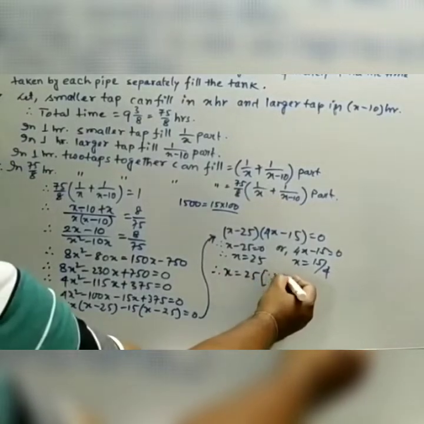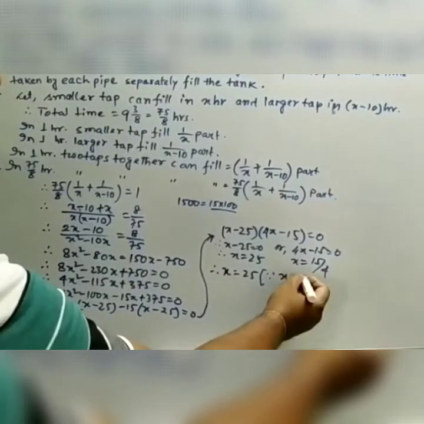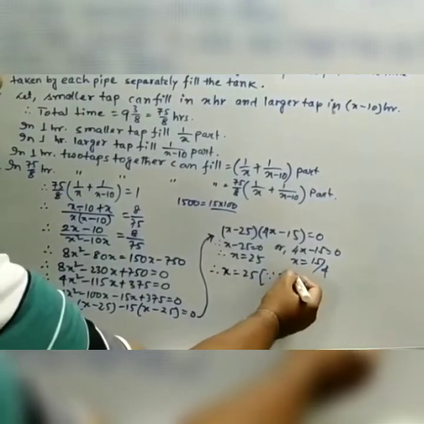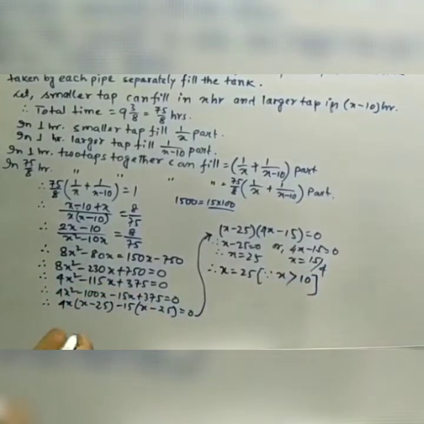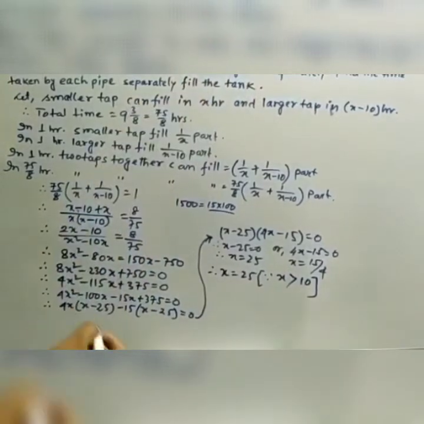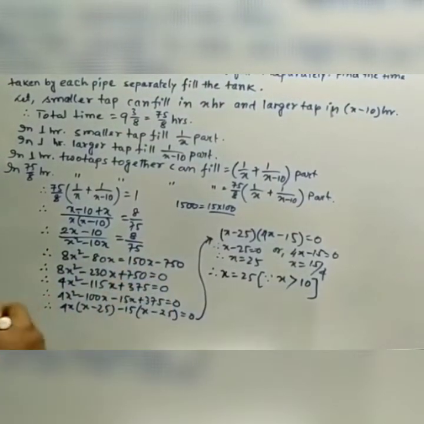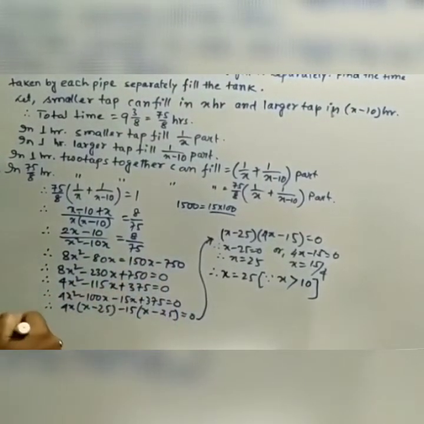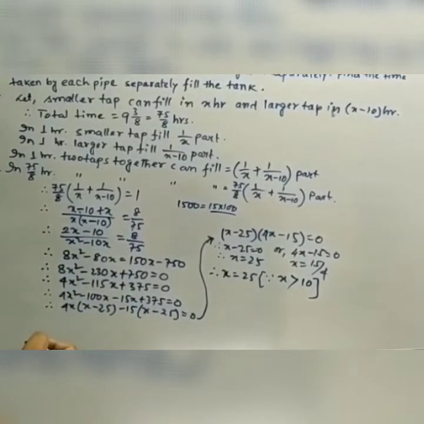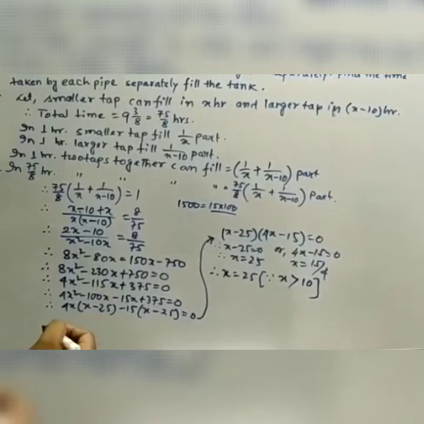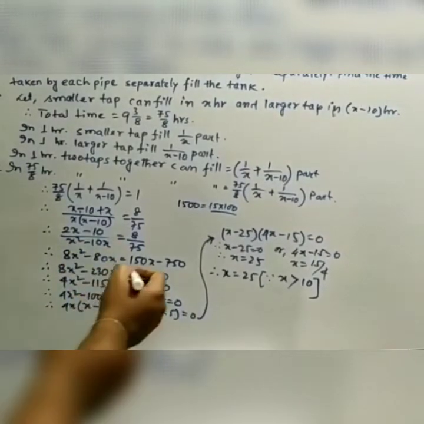We need to write x is greater than 10, because if we take 10 it will become 0, which cannot be. So always it will be more than 10, and more than 10 is 25. So x is 25.